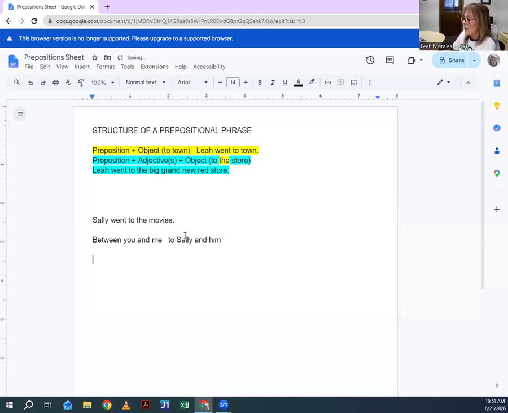So you do not write, where did she go to? Now you may hear somebody say that, where'd she go to? And it doesn't even register that it is incorrect, but it is incorrect. What you need to do is take out to. Where did she go? You do not end a sentence with a preposition and just leave it hanging there. It has no object, okay? So that is your 5th guideline.